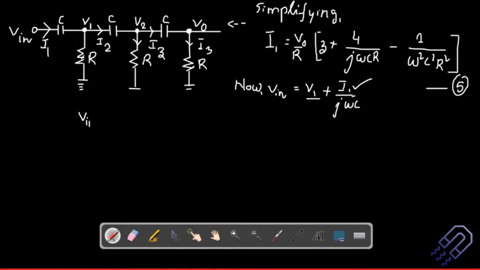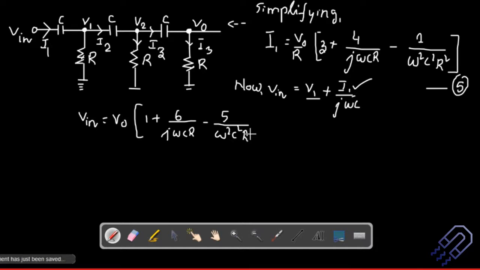V in, in terms of V0. I'm just writing down the final answer after replacing V1 and I1. This would be 1 plus 6 divided by j omega CR, minus 5 divided by omega square C square R square, minus 1 divided by j omega cubed C cubed R cubed.